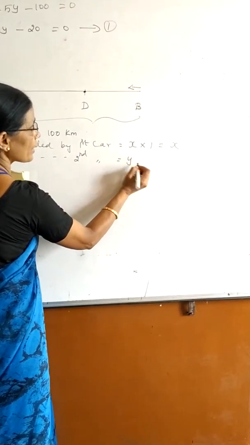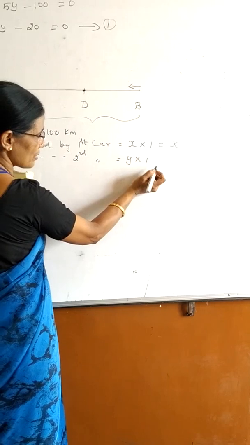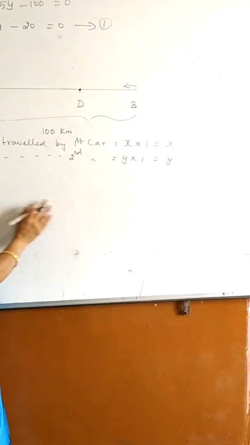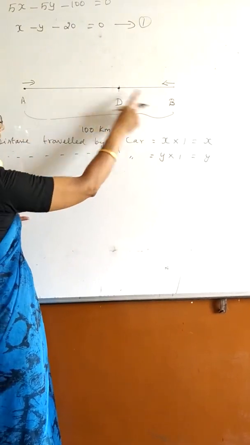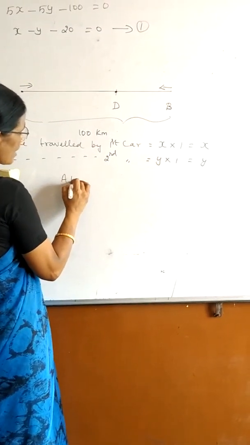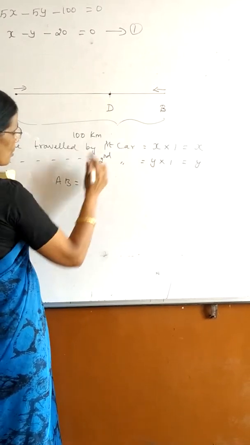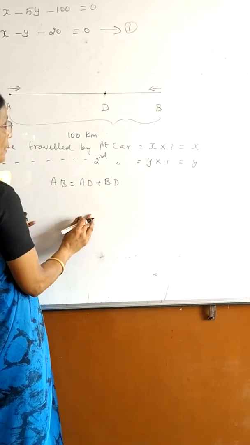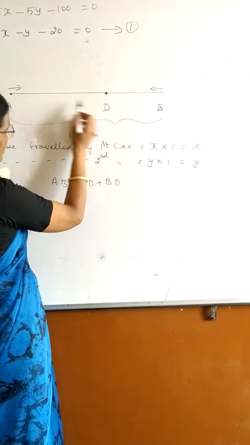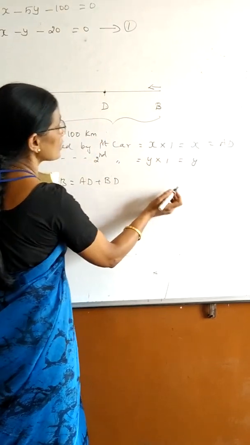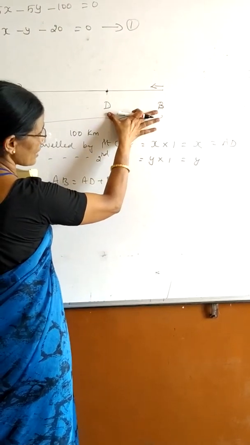Distance travelled by the second car: speed is y. After 1 hour they meet. So here also time is 1, which is equal to y. Which is the largest distance here? AB is the largest distance. So I am going to break AB as a sum of AD and BD. AD is the distance travelled by the first car, and BD is the distance travelled by the second car.